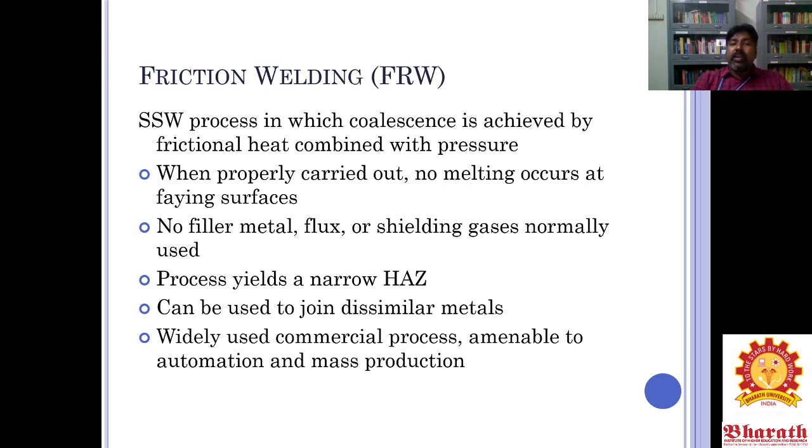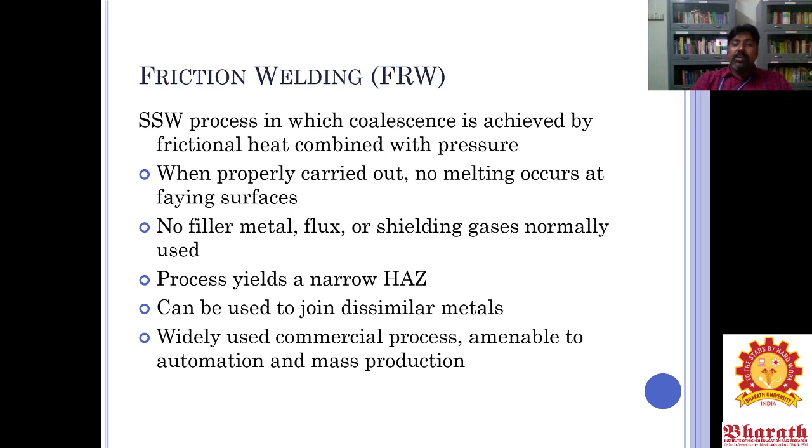Friction welding means that due to friction we are joining the metal. Here no filler material is added, no flux is added, no shielding gases are added, right? The process yields a narrow heat affected zone, HAZ, that is, heat affected zone.